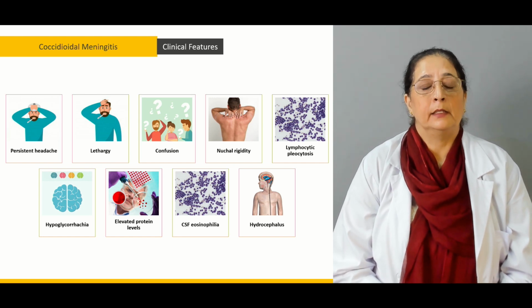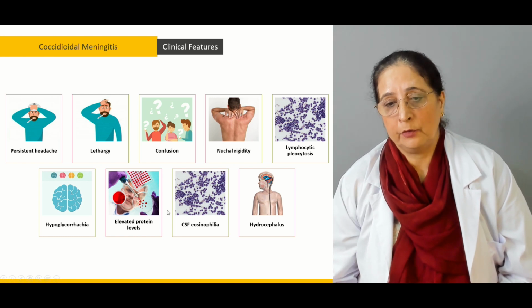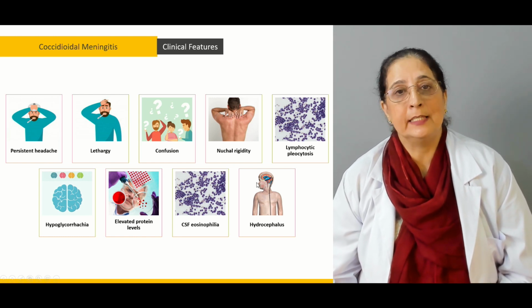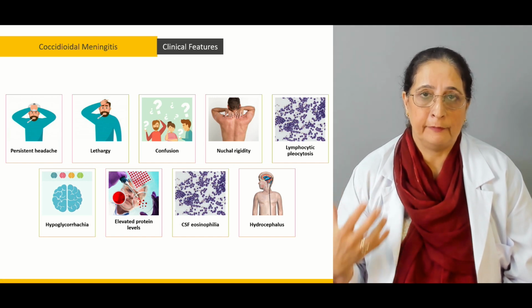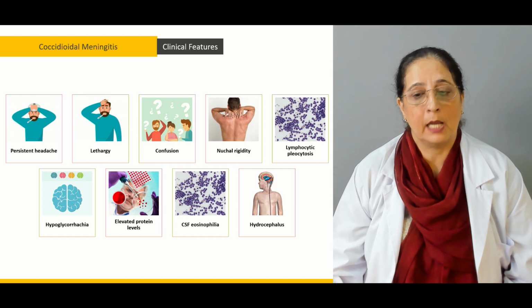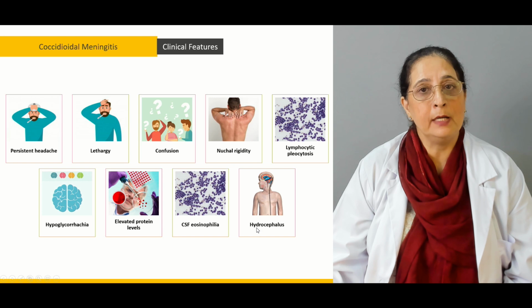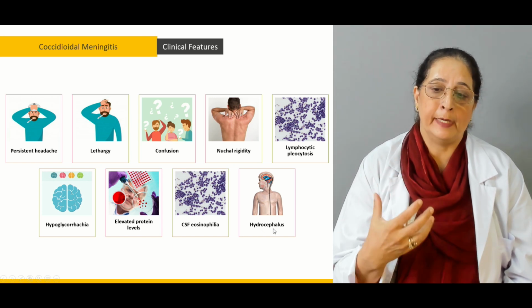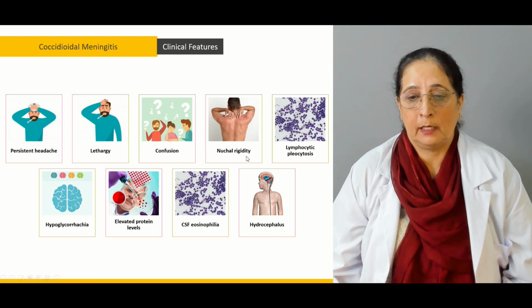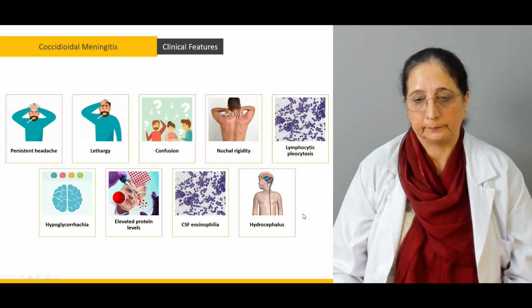With increased intracranial pressure and inflammation, it can cause hydrocephalus. Hydro is for fluid, water, and cephal is for the head or brain. So there is hydrocephalus, or fluid in the brain.